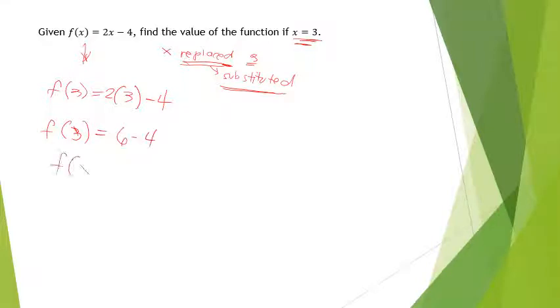So f of 3 is equal to 2. Mamaya papakita ko sa inyo kung bakit hindi tamang sabihin na substitute. Kasi mas tamang sabihin na replace kaysa sa substitute. So mamayang example, papakita ko sa inyo yun. Tingnan muna natin kung tama ang ating sagot. Okay, tama. F of 3 is equal to 2.